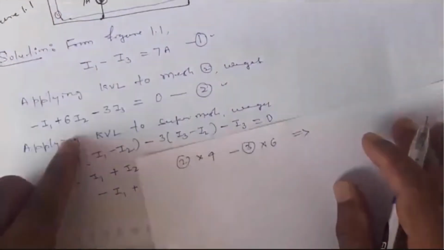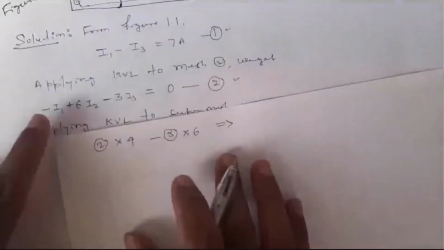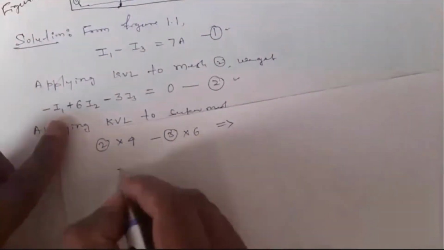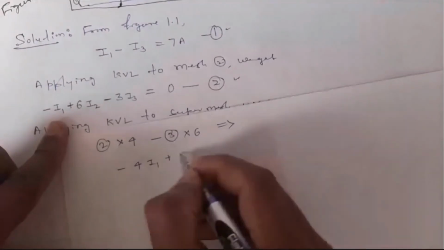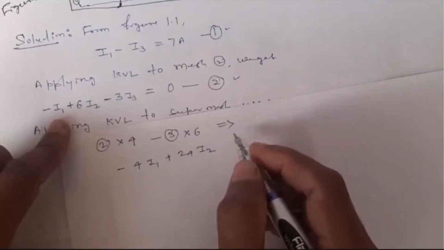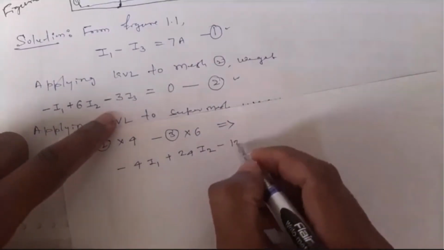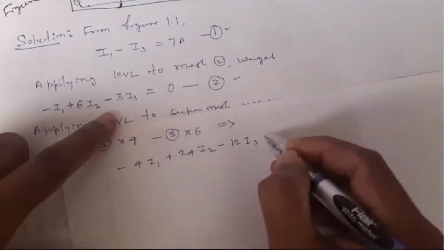Okay, so look at this. This is equation number 2. So this is multiplied with 4: minus 4I1 plus 24I2 minus 12I3 is equal to 0.